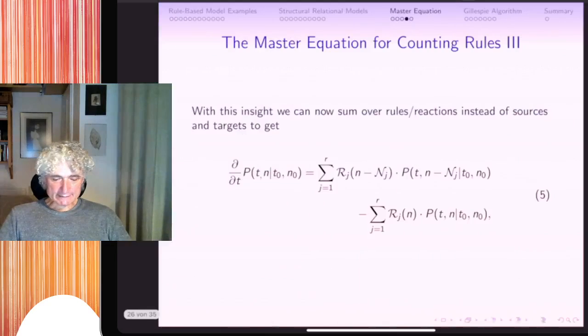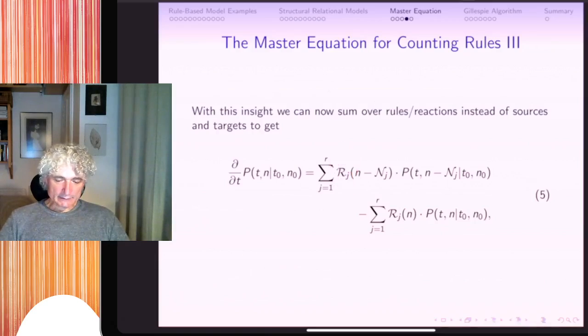If you do this, then you get a reformulation of the master equation in terms of so-called propensities. So we introduce for the first time a propensity. Each reaction now has associated to it exactly one propensity, which we call Rj.